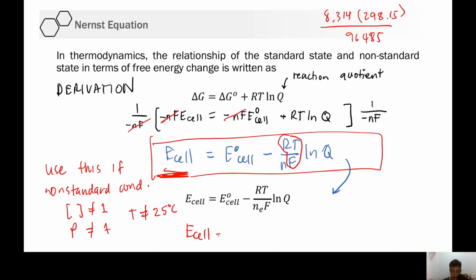E cell equals E naught cell minus 0.0257 over n ln Q. So we can combine all the constants, given that the temperature is 25 degrees Celsius. We can combine all of them as this.